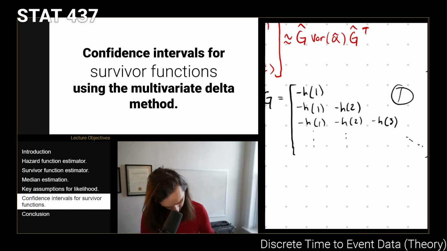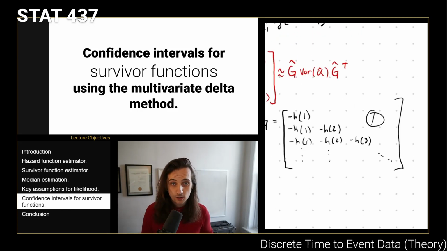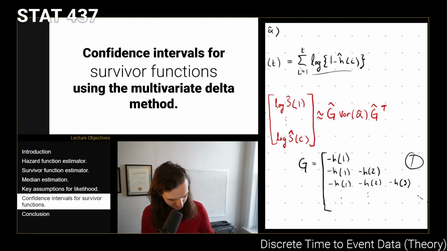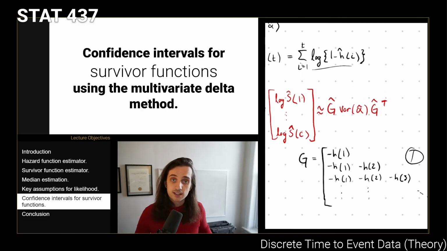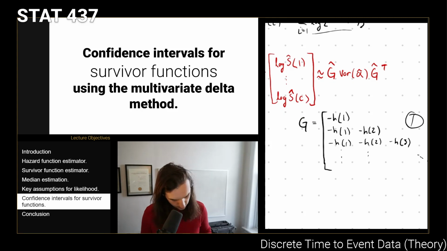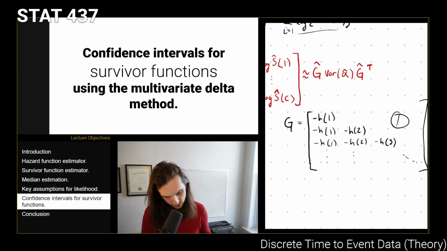Right, so it's this lower triangular matrix. And where is this coming from? Well, more or less, this is coming from differentiating this expression here. Okay, so that's the idea of where this is coming from. And so in each of these rows, our variance is going to depend on increasingly many of these hazard functions.